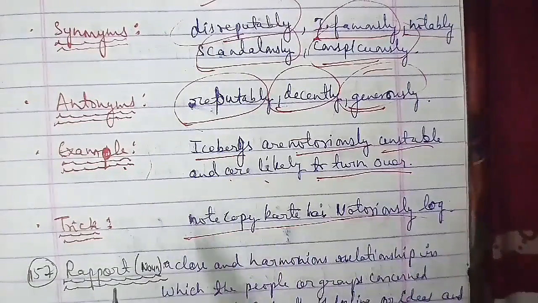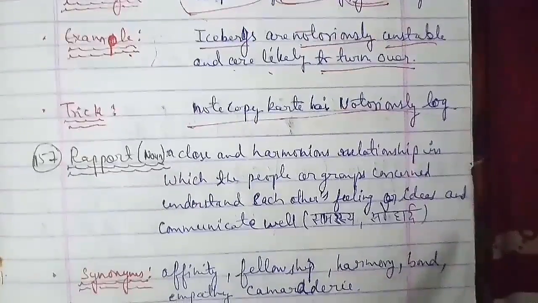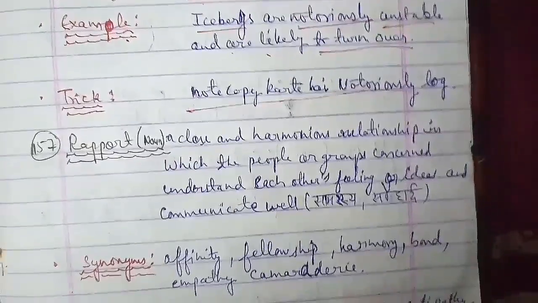Next one that we have here is the 157th word, rapport. Rapport is used as a noun. The meaning of rapport is a close and harmonious relationship in which the people or group concerned understand each other's feelings and ideas and communicate well.